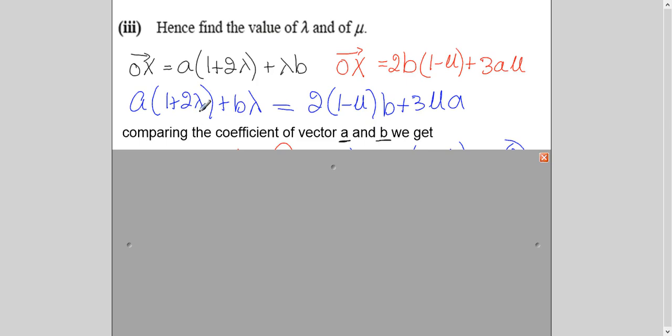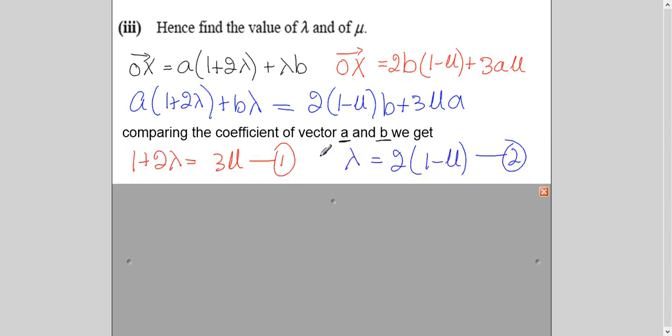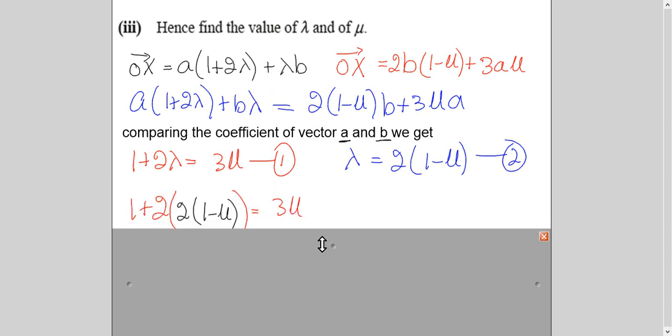So the vector A coefficient is 1 minus 2 lambda, and here it is 3 mu. So I can say A plus 2 lambda equals 3 mu. Similarly, when I compare the coefficient of vector B, lambda is equal to 2 times 1 minus mu. And then I will solve them simultaneously, right?